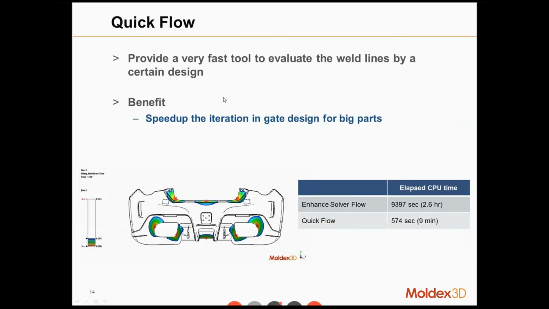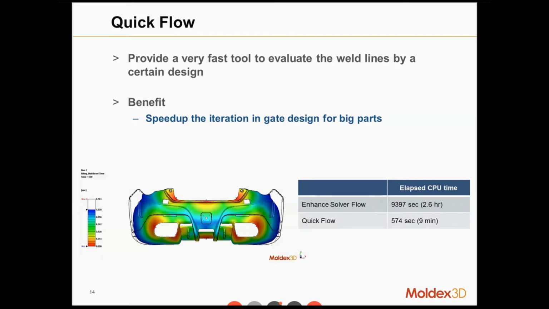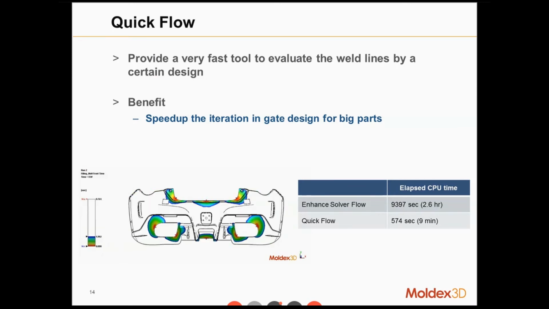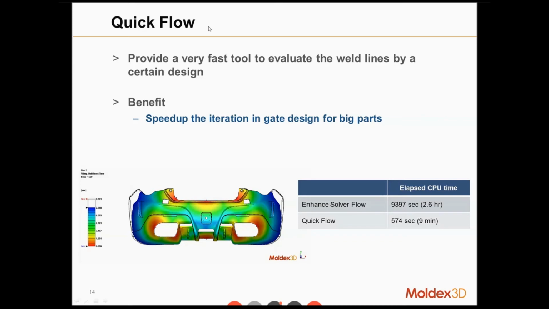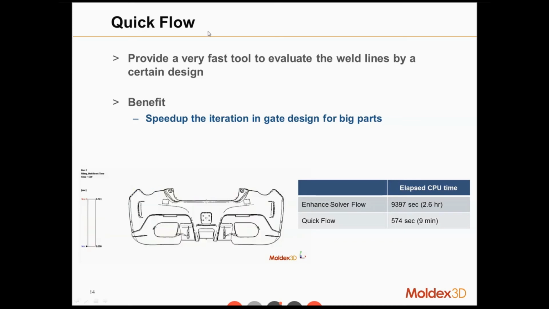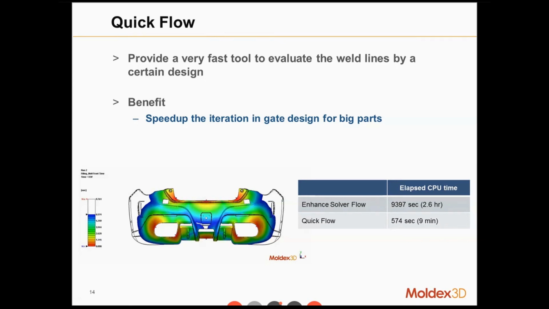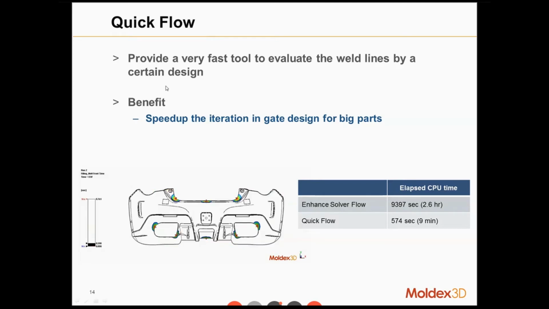Then for the quick flow, it's a very useful tool to help us predict the weld line in a very short period of time. So it's especially good for complicated and big geometry, because usually for big geometry, the total mesh count will be more, and if we have a lot of design changes and want to do the simulation, it might take a lot of time to do the iteration.